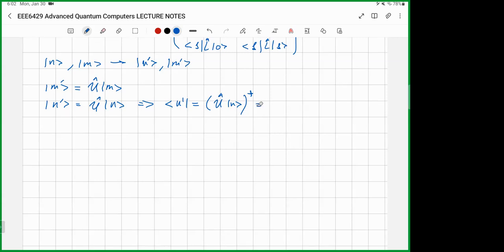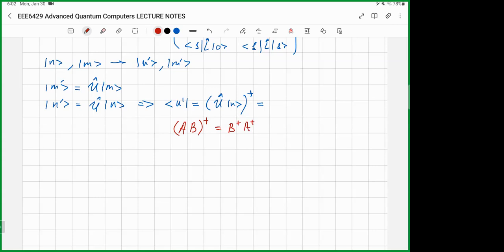And according to the properties that we discussed maybe 2 weeks ago, if I have one vector or matrix, another vector or matrix, and take the Hermitian conjugation, it's equal to B dagger A dagger, right?